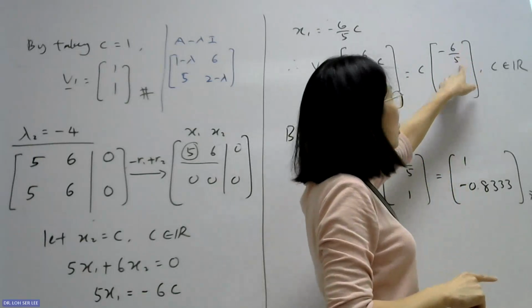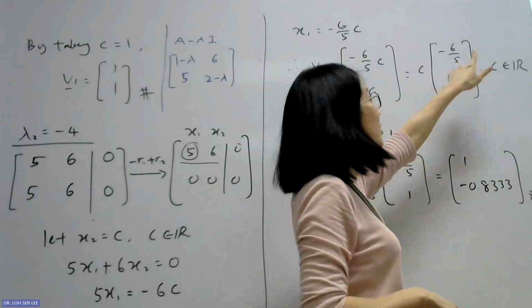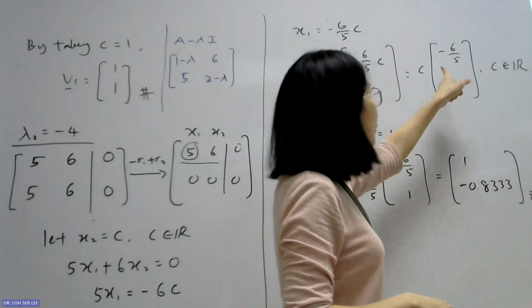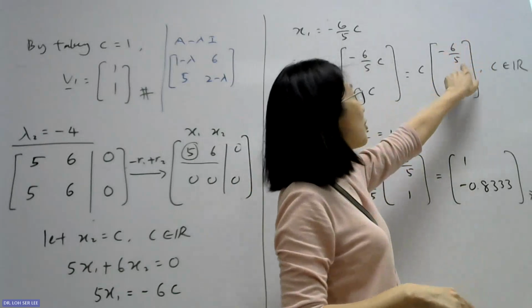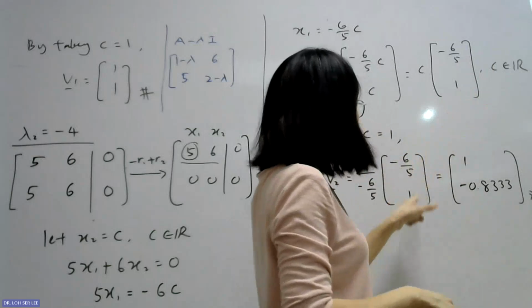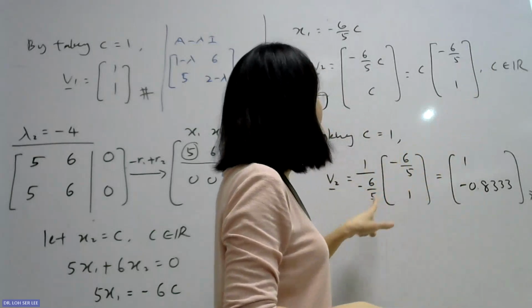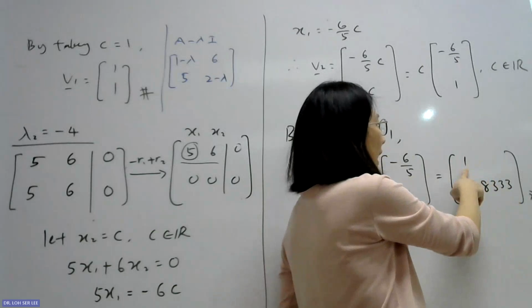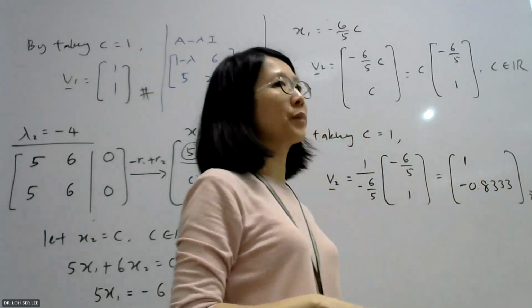This 6/5 is more than 1. When it is more than 1, we have to do the division. So this is the entry with the largest magnitude, and all of these you need to divide by this value, so that in your eigenvector the largest magnitude is 1.